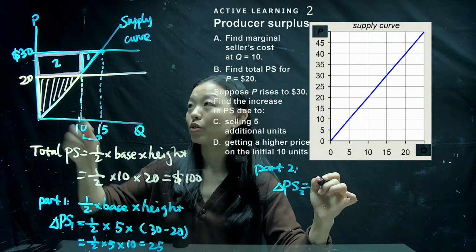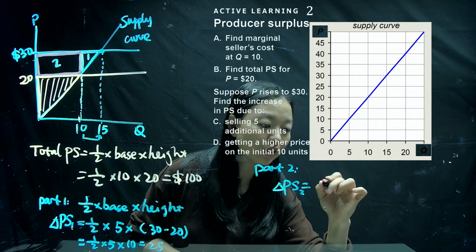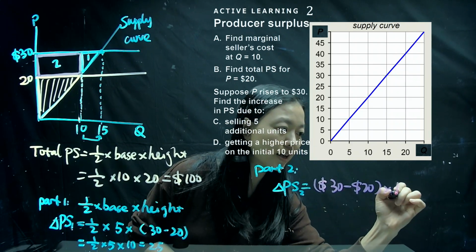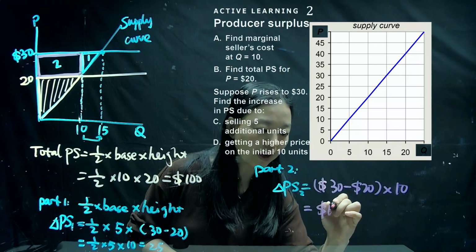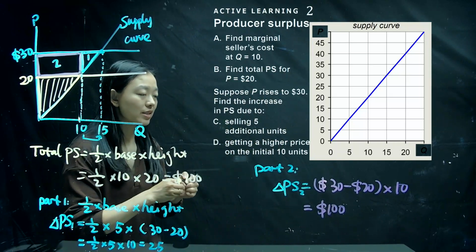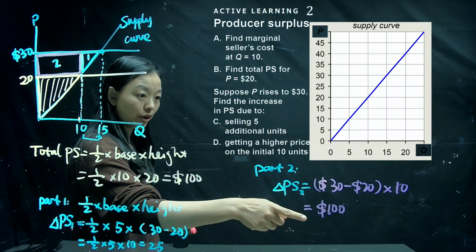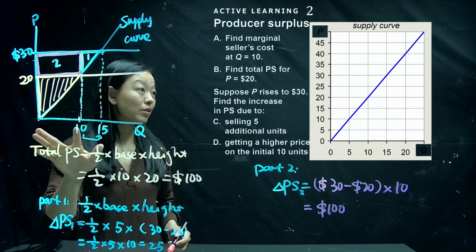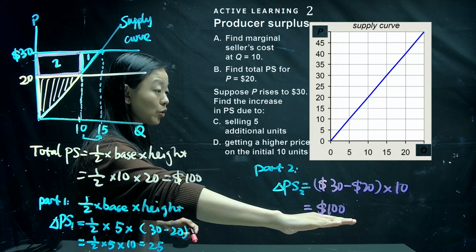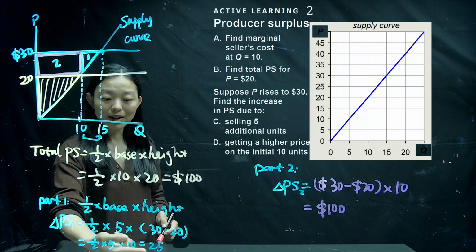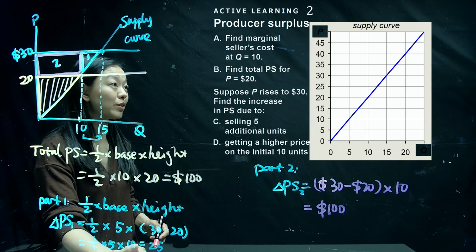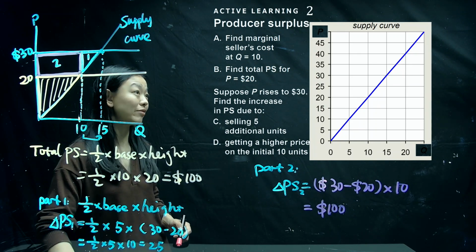And the area will just equal the area of this rectangle: 30 minus $20 times 10. So $100. We can say there is a $100 increase based on the existing sellers who still sell 10 units. They can have their producer surplus increased by $100. However, for the additional 5 units being sold, it will bring the producer surplus increase of $25.